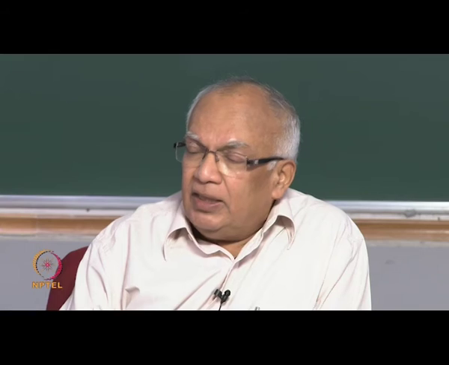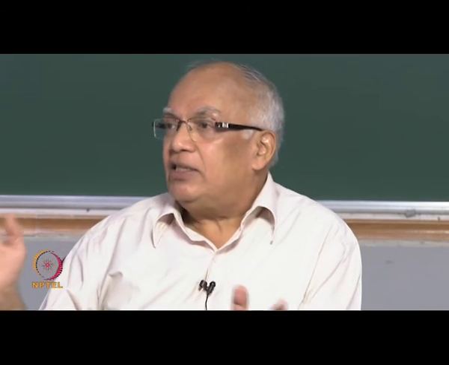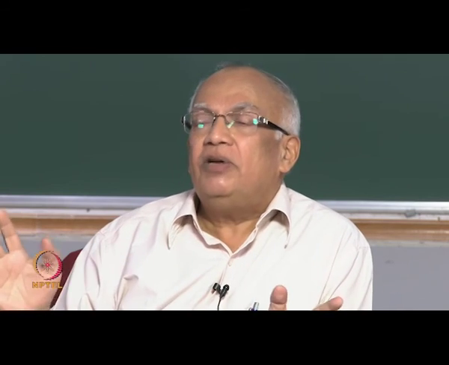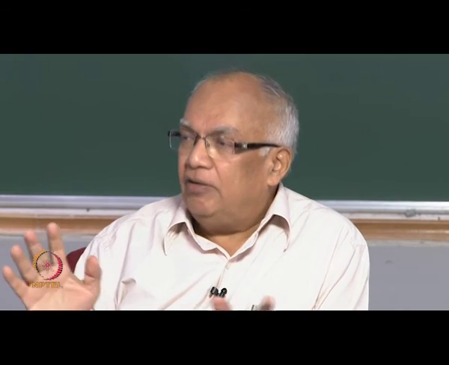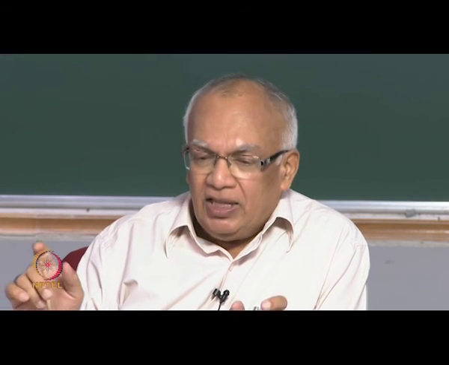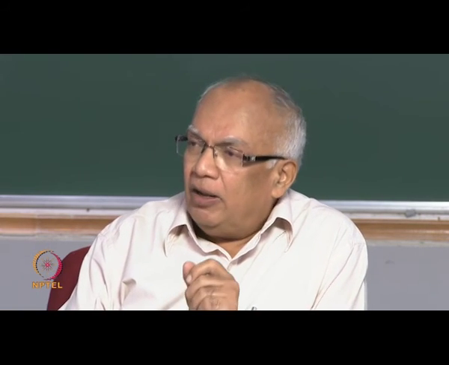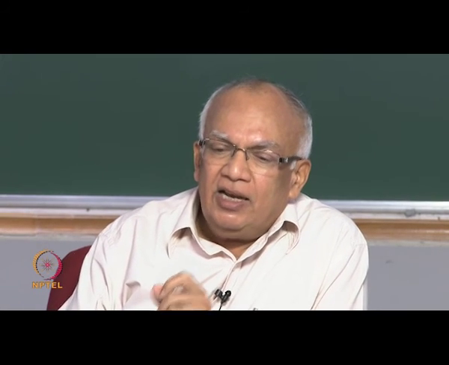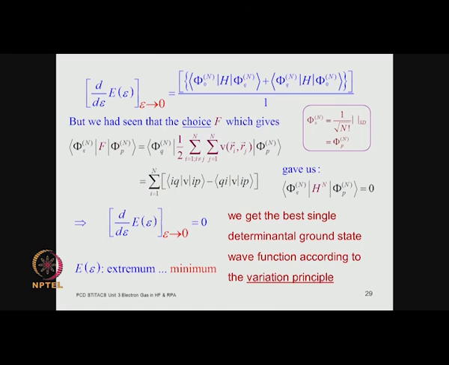We agreed that the difference between phi q and phi p was only in one electron state, everything else remaining the same, all the occupation numbers of all the other n minus 1 electron states remain untouched. So, within the framework of the frozen orbital approximation, you get the best single determinantal ground state.